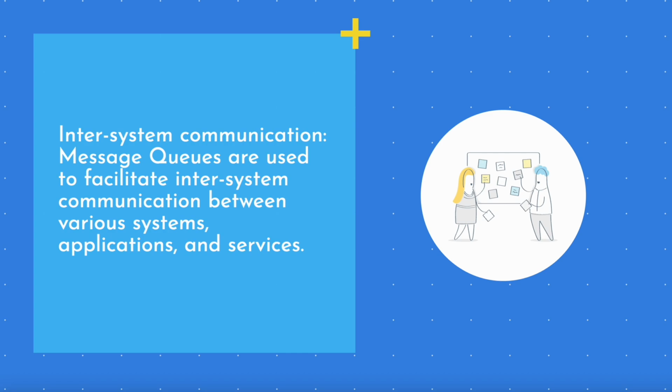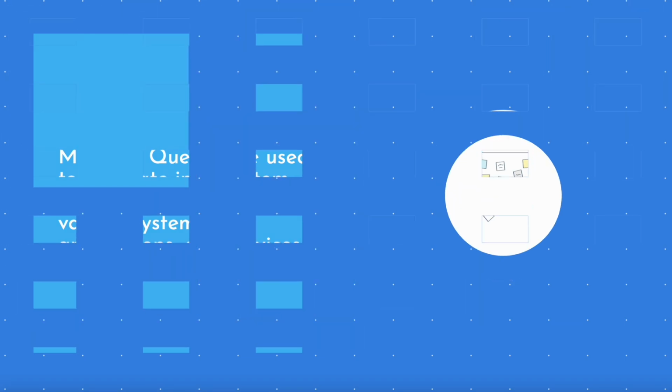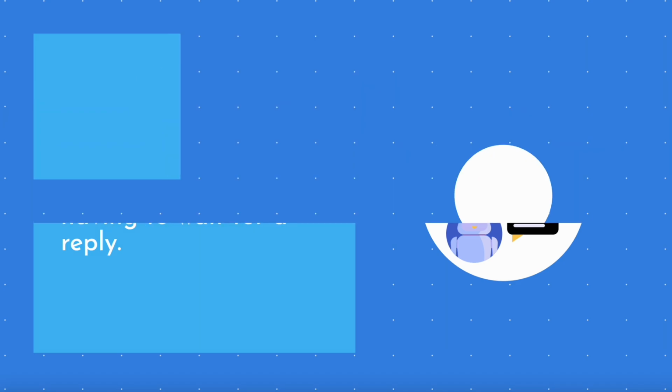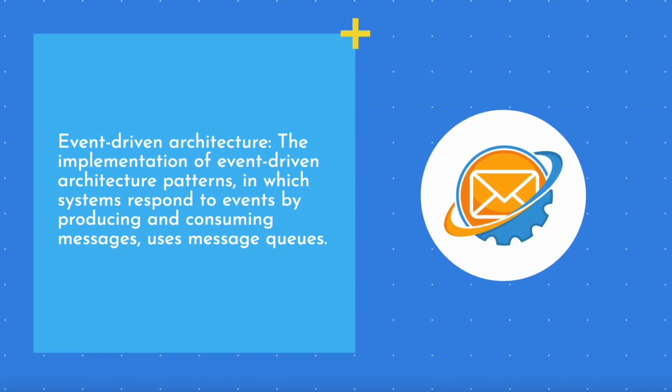Message queues are used to facilitate intersystem communication between various systems, applications, and services. They give systems a means to communicate asynchronously without having to wait for a reply. Event-driven architecture. The implementation of event-driven architecture patterns, in which systems respond to events by producing and consuming messages, uses message queues.